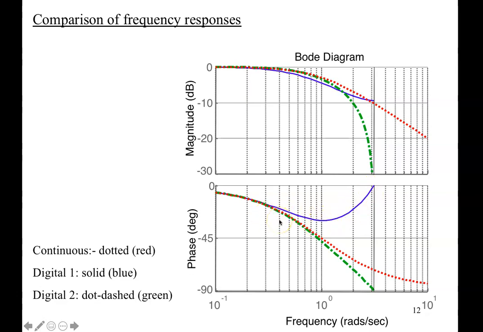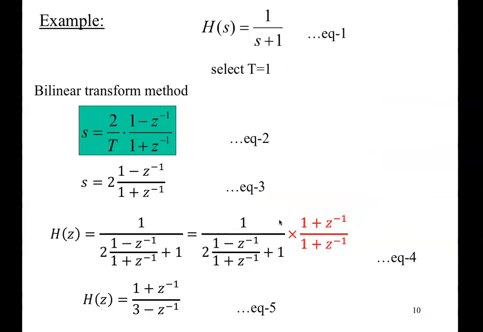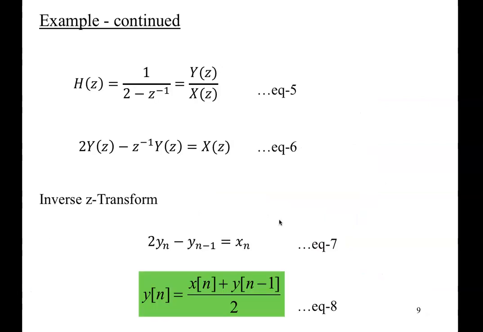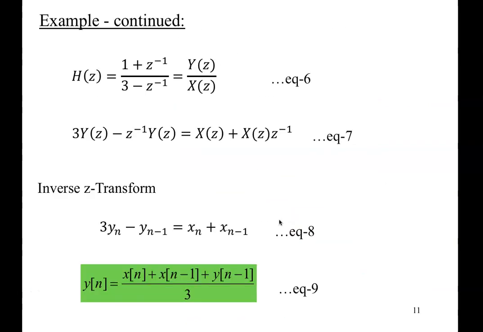So the bilinear method in general works better at low frequencies, and gives you a better representation of the continuous time, but it is slightly more complex than the backward method. So that was an example of what we can do with either backward difference or bilinear transform method.